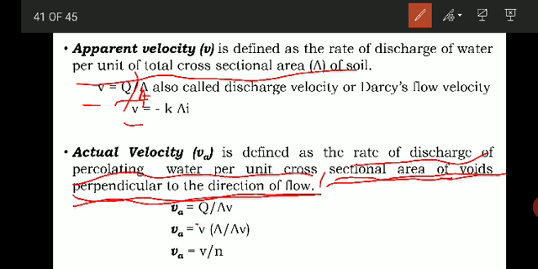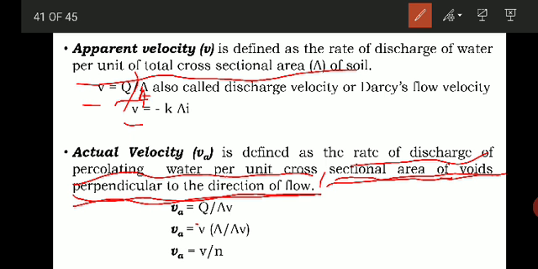where Av is the cross-sectional area of the voids, perpendicular to the direction of the flow. So you can express this as Va equals Q divided by Av.